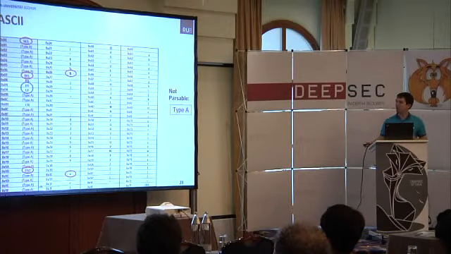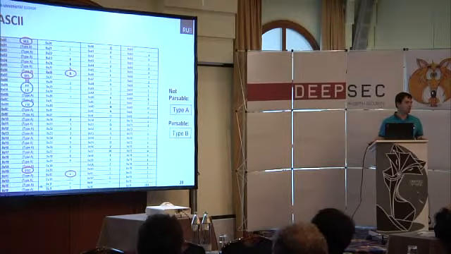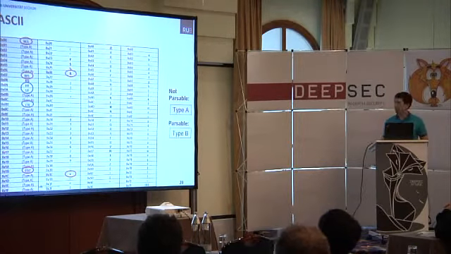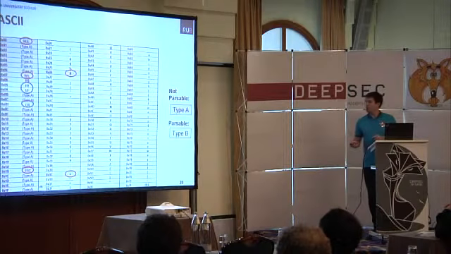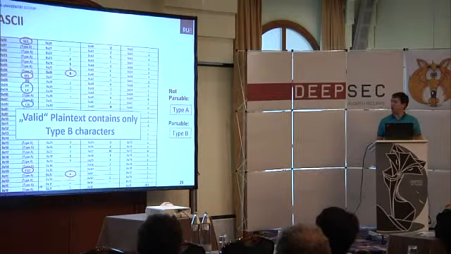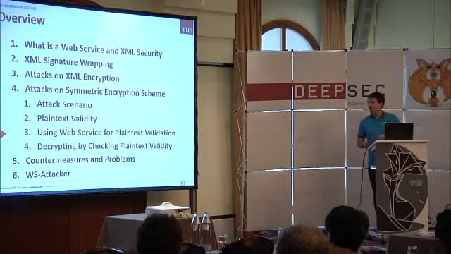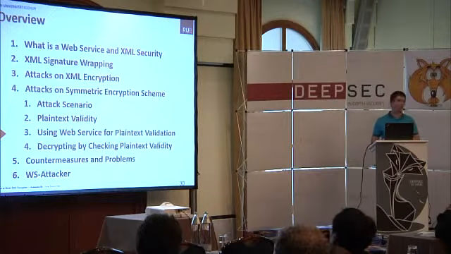And then we have here some specific characters like horizontal tab, line feed, or carriage return. These are type B characters. Also, we have here some specific characters from the alphabet. Okay, and in the next few minutes, we will consider that valid plaintext contains only type B characters, so these parsable characters. Why can we use a web service for plaintext validation?